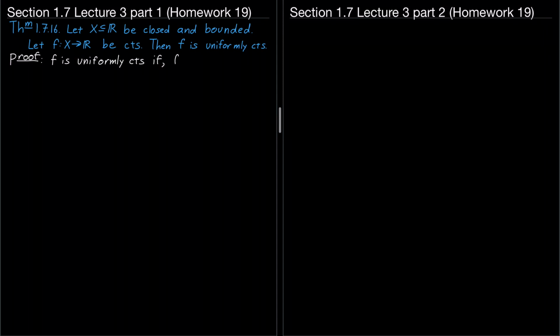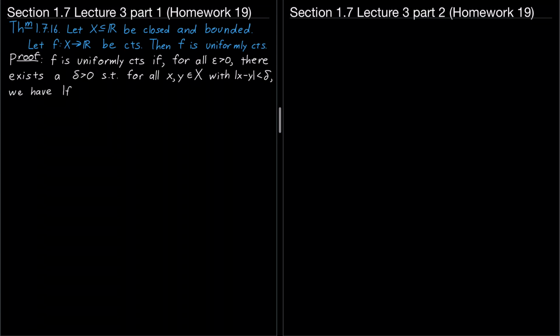If for all positive numbers epsilon, there exists a positive number delta greater than 0 such that, let's put this in for all language, for all x, y in our domain X with distance from x to y being less than delta, we have that |f(x) minus f(y)| is less than epsilon.